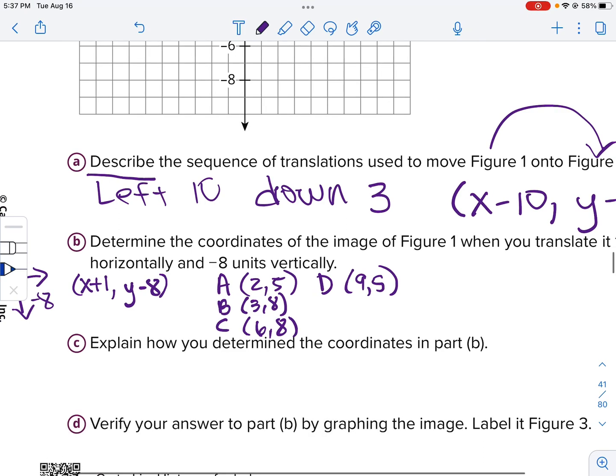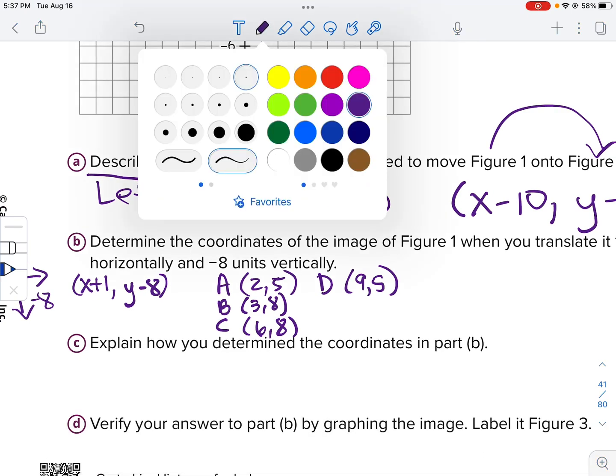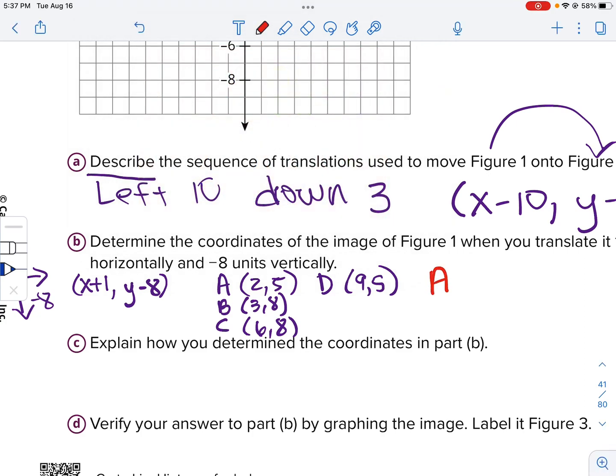Now this is my original. This is my pre-image. Now if I want to do this translation, A prime, it says that I'm adding 1 to my x value, so that would be 3. It says I'm subtracting 8 from my y value, so that would be -3. B prime, again, I'm adding 1 to my x value, so that would be 4.